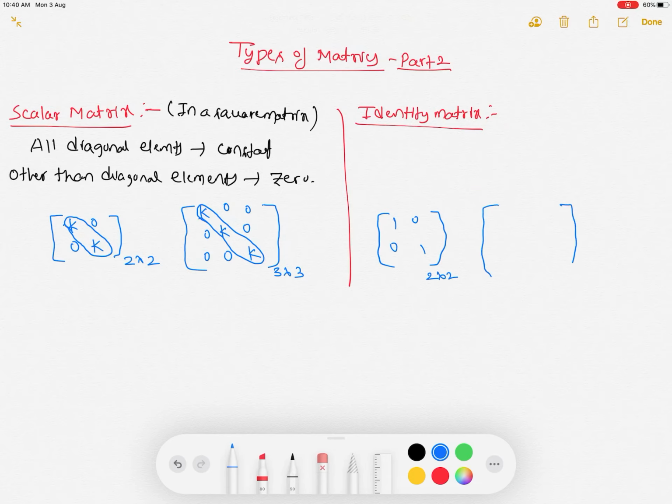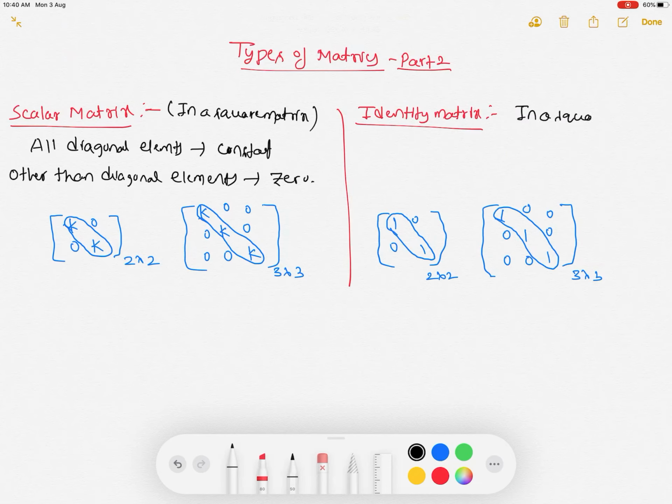Now we will see the 3 by 3 matrix, where all diagonal elements are 1 and the other elements are 0.